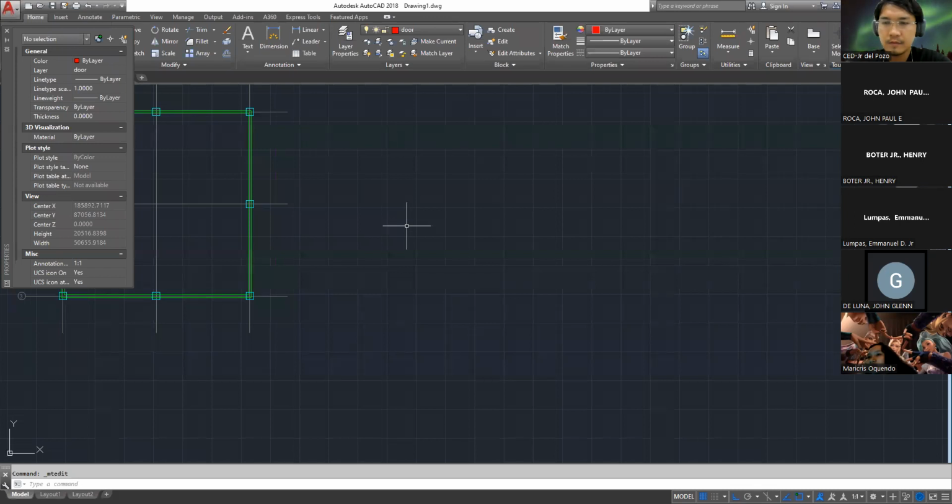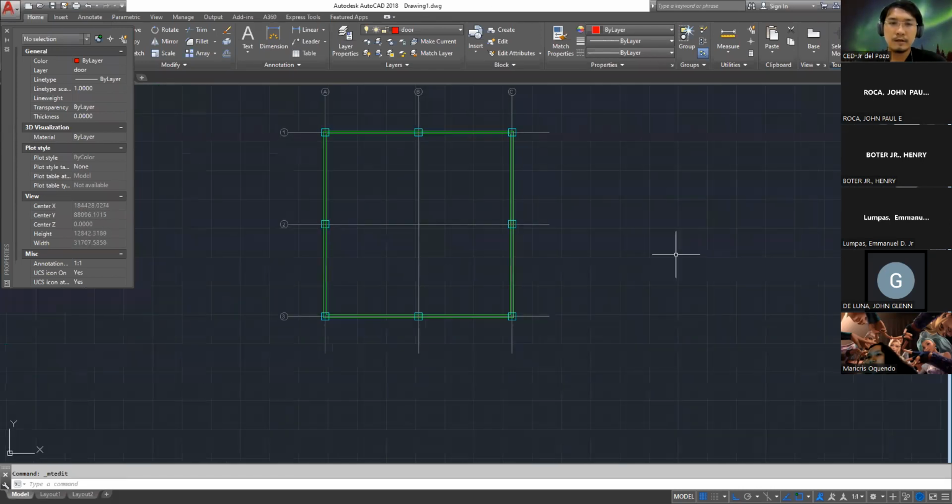Naka-open po siya, sir. Hindi po siya yung parang naka-close. Naka-open po yung pagkakalagay niya sa floor plan. Okay. So, napipicture out ko siya. Ang door kasi, ang pinipicture out ng door sa isang floor plan is the door jamb, the door itself, and tsaka yung opening niya. Kung paano siya bumubukas.